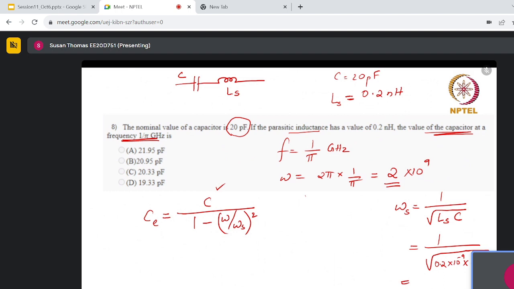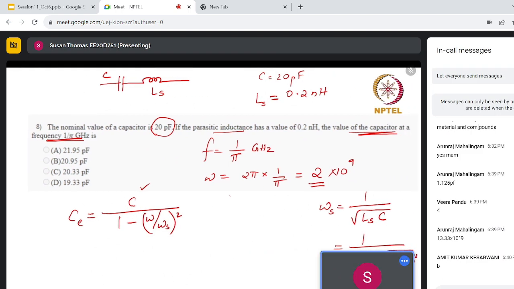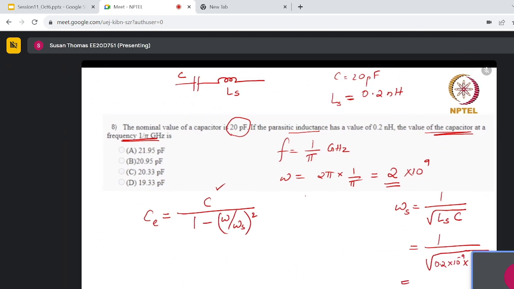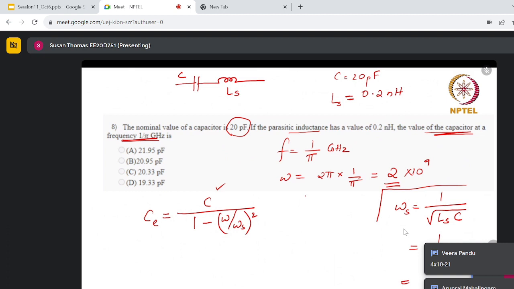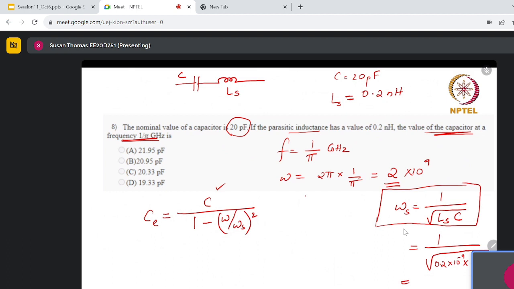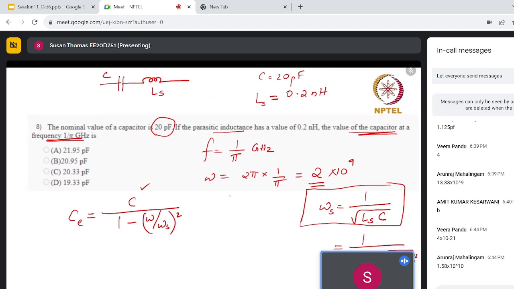What is the value of omega s? I'm waiting to see if you could find it. Just substitute Ls and C in this equation and try to find omega s. Yes, what you said is right, omega s is 1.58 into 10 power 10. Maybe I can write it like this, 15.8 into 10 power 9.